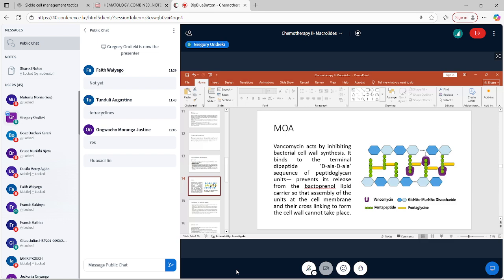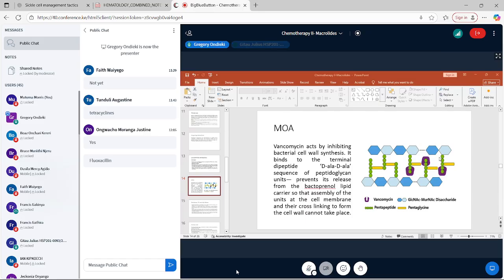So if we can remind ourselves, how did penicillins inhibit cell wall synthesis? How did it act, if you can remember? We're talking about the penicillin.